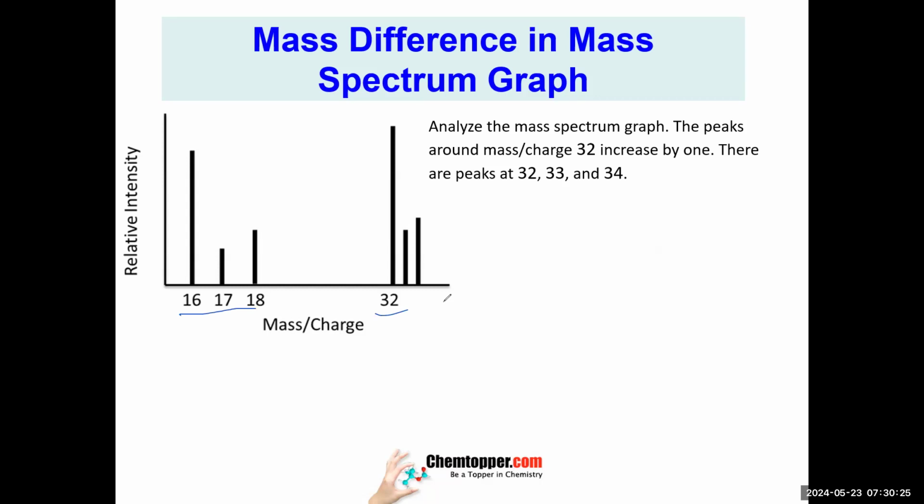Okay, understand that. So how many isotopes? Three, not six, because they don't differ by this number. I said it's an element. An element can be X2. You know the diatomic gases, right? It can be X2. So look at this 16, 17, 18. Can you tell me which element is this?